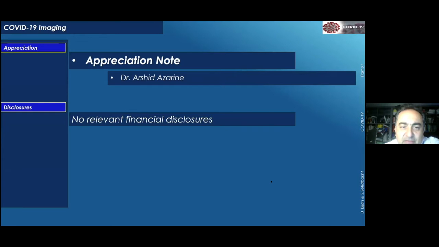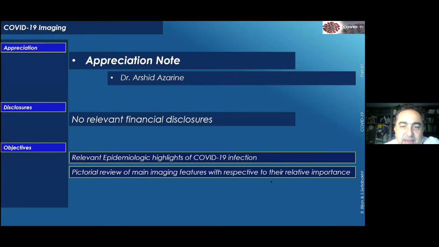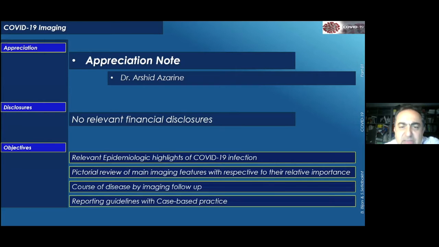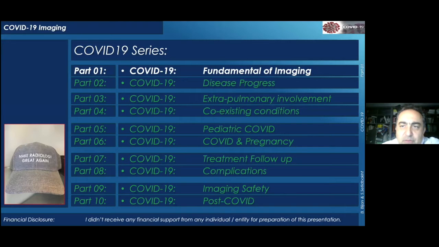I do not have any financial disclosures, and this time we'll basically talk about the course of the disease and what is important when we do imaging follow-up. And then if we get time towards the end, I can go over a few cases and practice what we talk about. Last time we talked about the fundamentals of imaging.